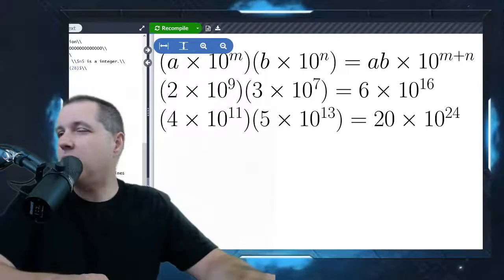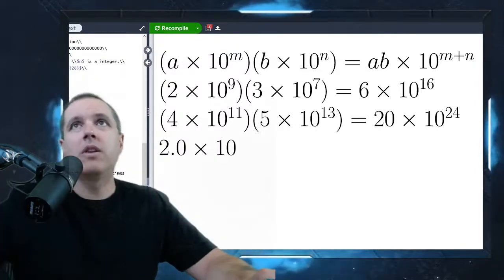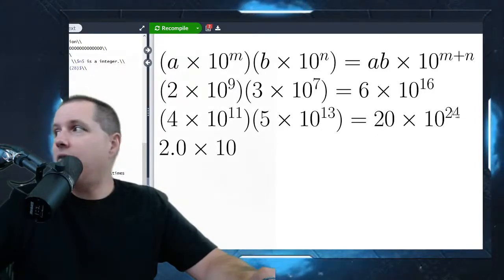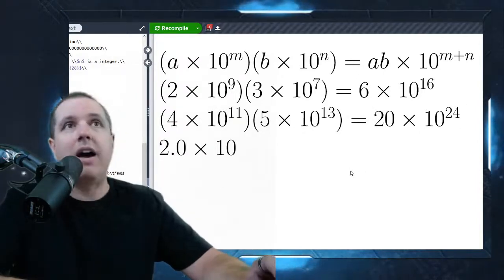Give you a second to see if just in your brain, can you figure out what this number should be? If we took a power of 10 from 20 and we transferred it over here, and this is keeping track of how many powers of 10 we have, then this should now be 10 to the 25.